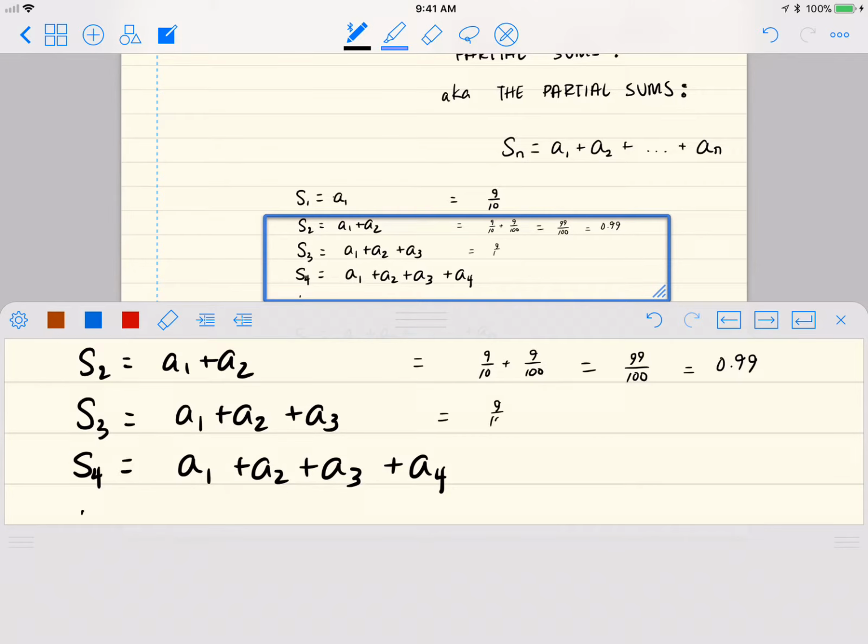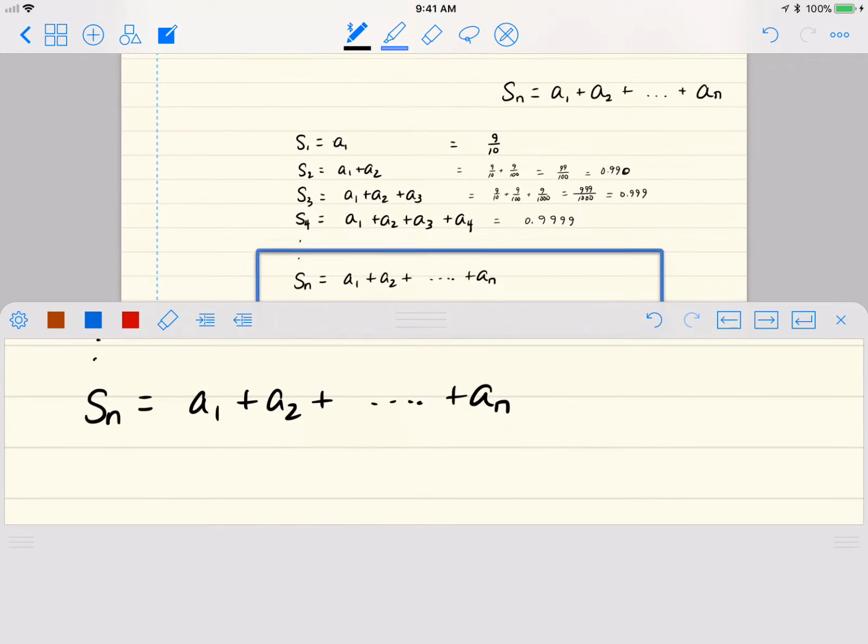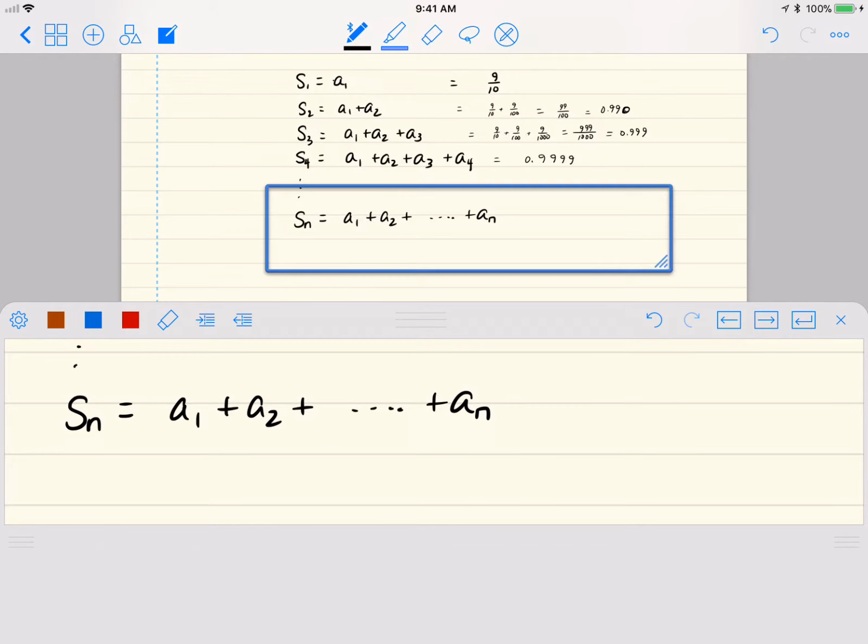S3 is going to be 9 over 10 plus 9 over 100 plus 9 over 1,000, which is going to be 999 over 1,000, 0.999. So notice if we were to compare, S2 is 0.99, S3 is 0.999, S4 is going to be 0.9999, and Sn, what is Sn going to be?